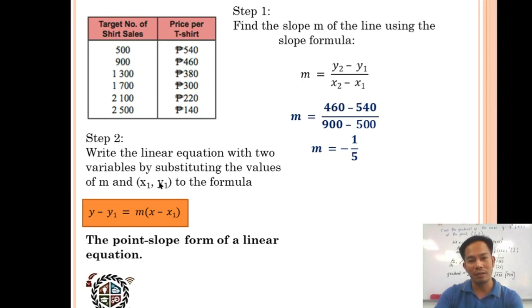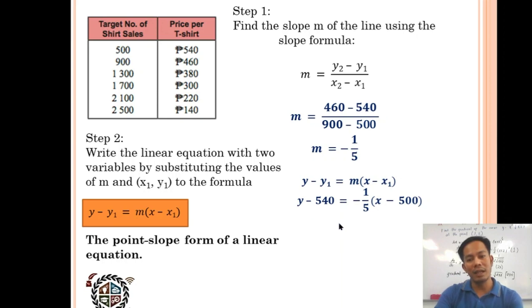So x and y, dapat pair. Okay? Now, what is our m? Negative 1 over 5. So, etong m mo magiging negative 1 over 5. Etong y sub 1 mo, since pinili ko 500 at 540, etong y sub 1 ko magiging 540, yung x sub 1 ko magiging 500. Okay? So, sasubstitute ko lang yan. Okay? I'll get this.